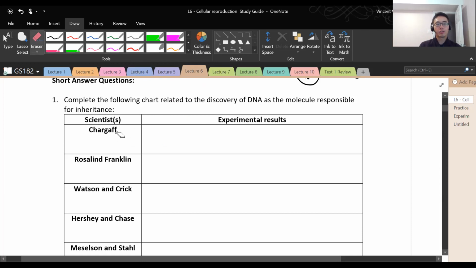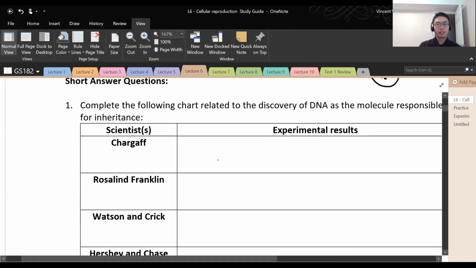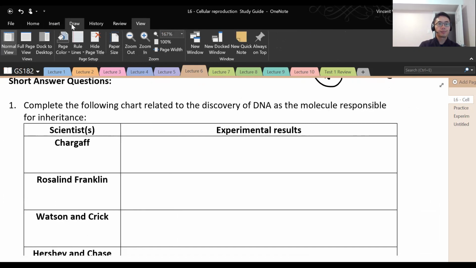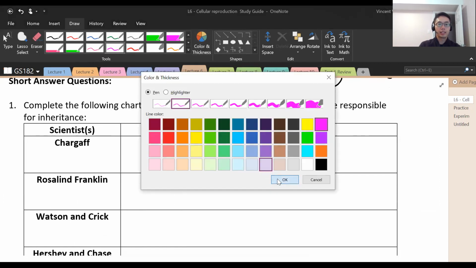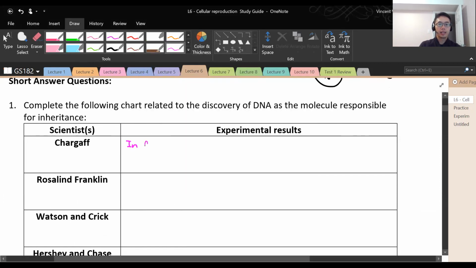First one is Chargaff, and he basically, let me zoom in a little bit, discovered that in any DNA, the percentage of A, or we can say the number of adenine, always equals the number of thymine.